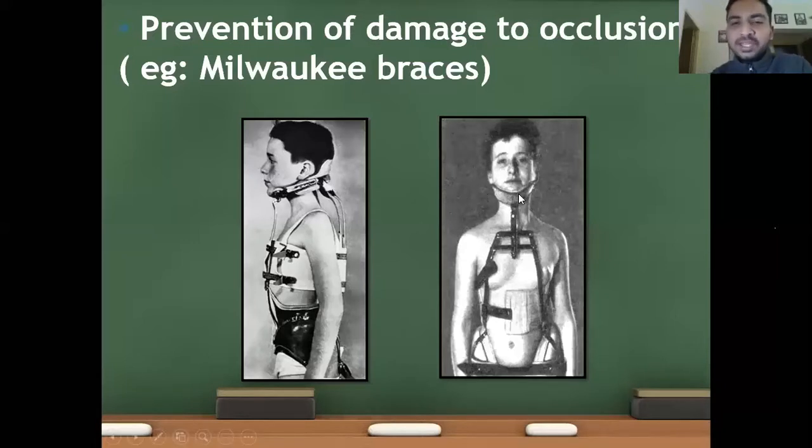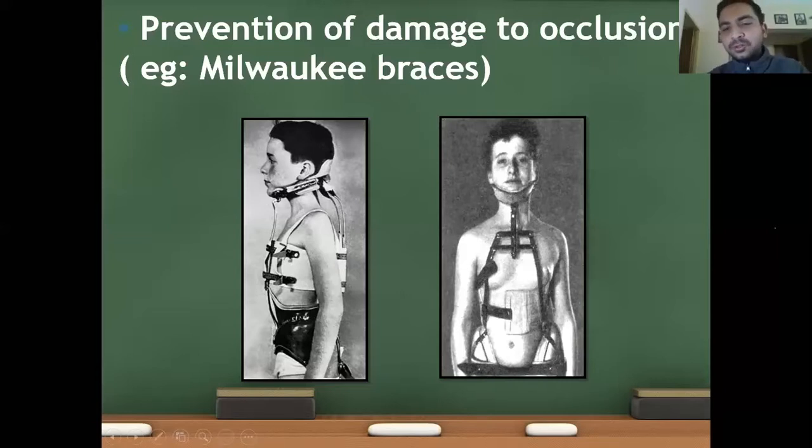In this growing age, if you are restricting the growth of the mandible or the chin, in the long run, the child could develop retrognathic mandible. So the child could eventually have a convex or board-like face. So with the Milwaukee braces, the scoliosis might be corrected, but it can lead to another problem, which is of particular importance for us, that is retrognathic mandible.